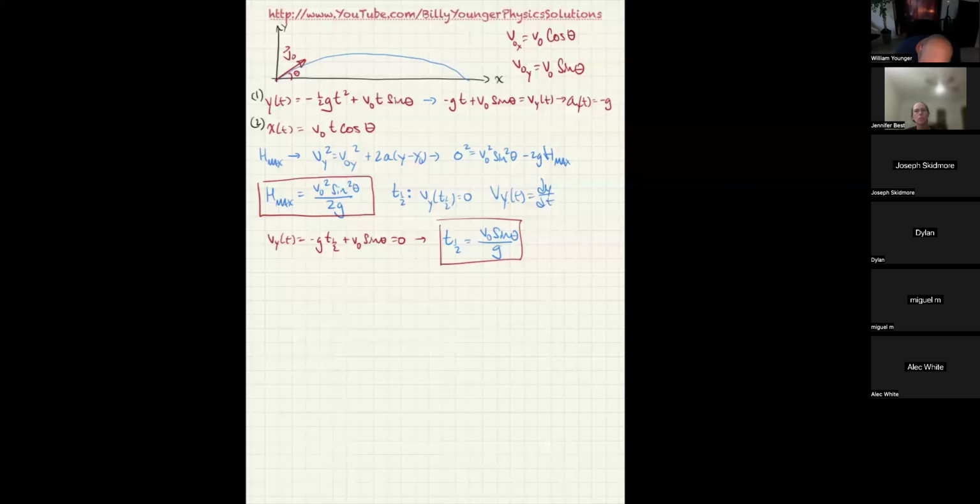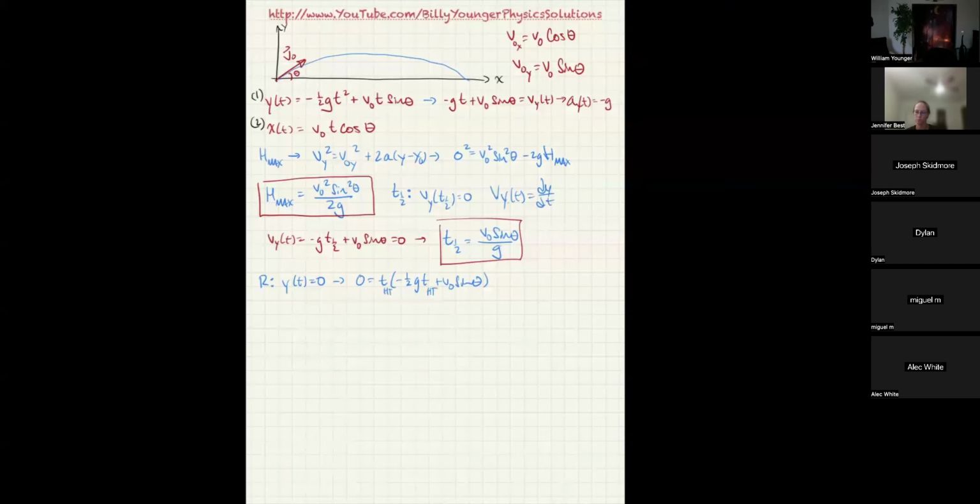I could say R occurs when y of t is equal to 0. So I say, for instance, 0 is equal to t times negative 1/2 gt plus v0 sine theta. And obviously this time would actually be t hang time.